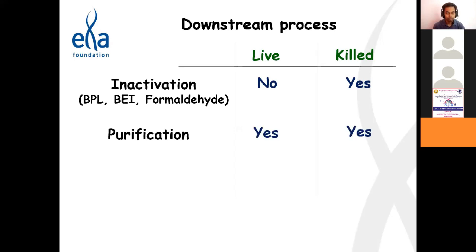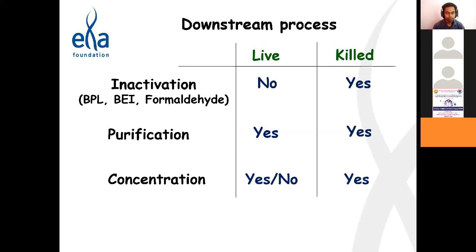The next thing, purification, is required to get rid of any unwanted components that come from the host cell used for vaccine production, including serum, whatever is being used. We want only the active ingredient to be part of the vaccine. That's why purification is very critical, and it is applicable for live vectored or killed vaccines.